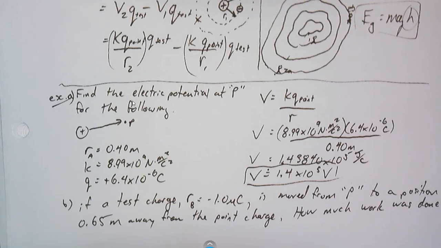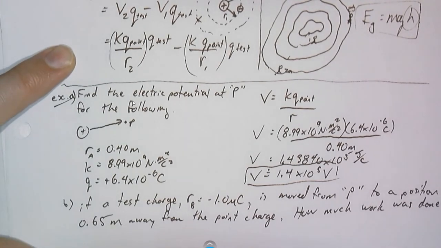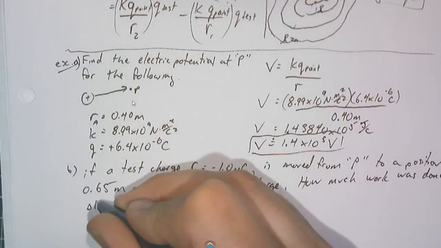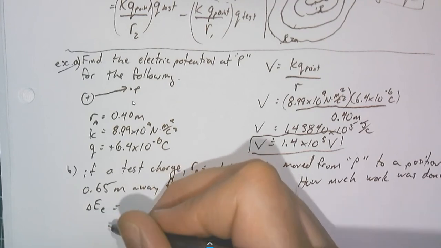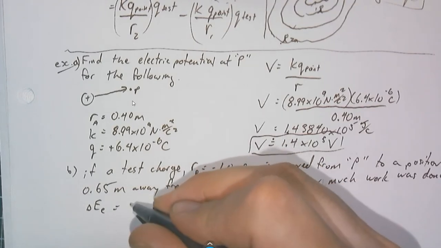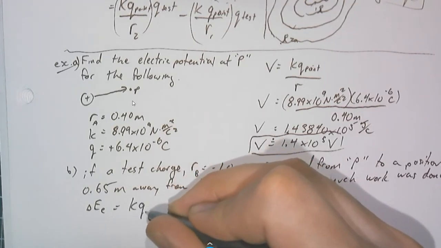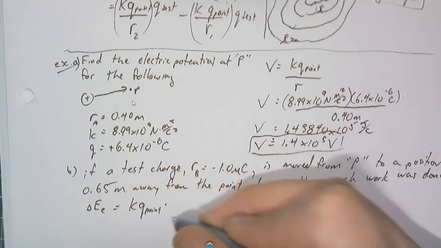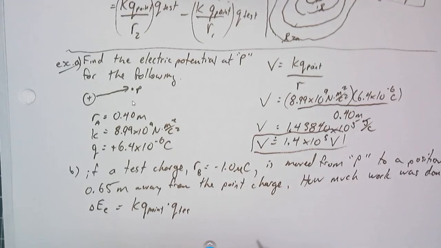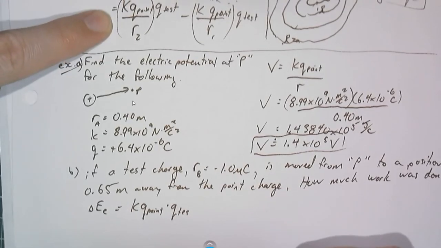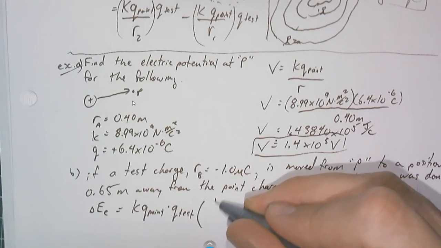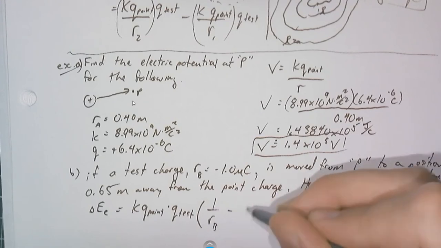Now, if you wanted to get fancy with this equation, I'm going to expand it out a little bit, and I'm going to say delta EE is equal to, I could factor the K, Q1, Q2 out of this expression, and write it as delta EE is equal to K times Q point times Q test, because Q point, Q test and K are all present in the numerator of both of those values up here in the previous setup, times 1 over RB minus 1 over RA.